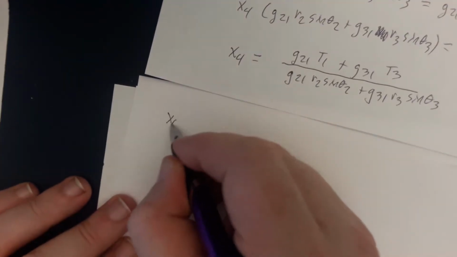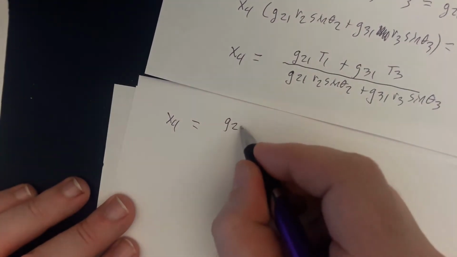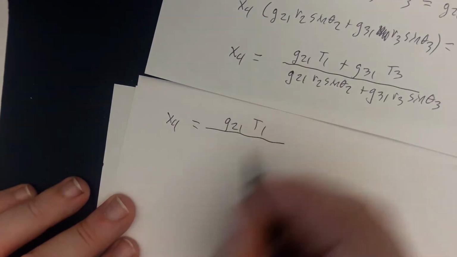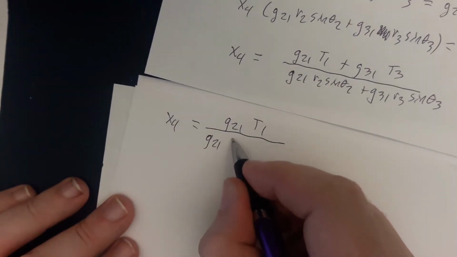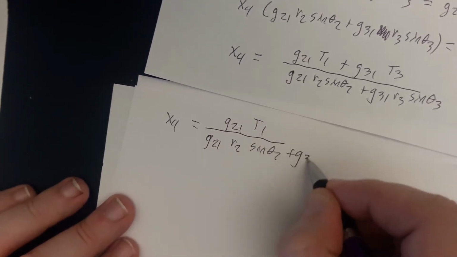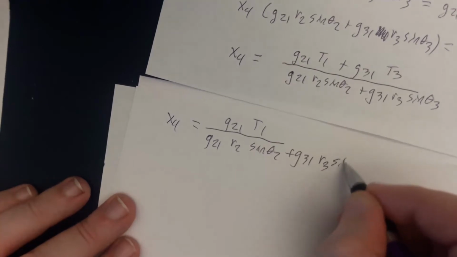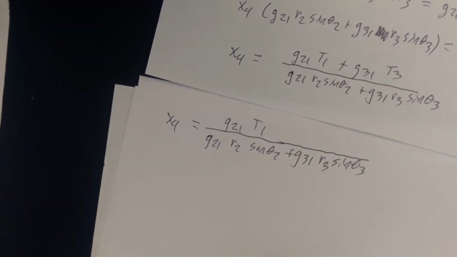So we're going to have x4 is equal to g21 t1 over g21 r2 sine theta 2 plus g31 r3 sine theta 3, something like that.